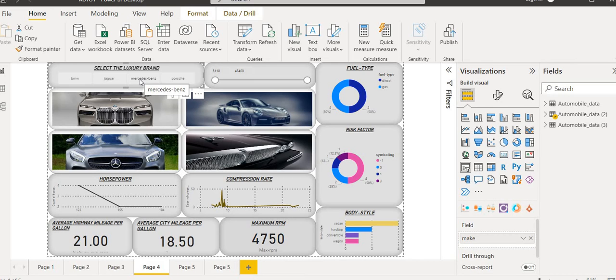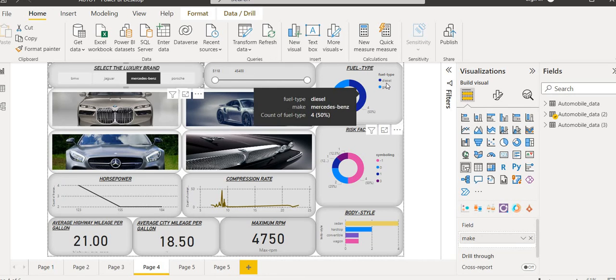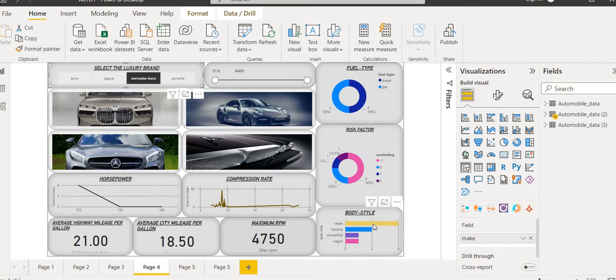The information on this page is giving you the horsepower of the brands, the comparison rate of all brands, and the fuel type of all brands, that there are two types of fuel, diesel and gas. The symboling of brands means risk factor, and body style of brands like sedan, hardtop, convertible or wagon.